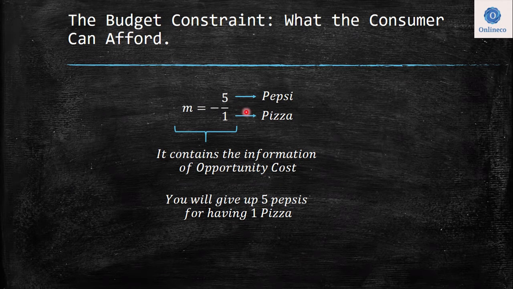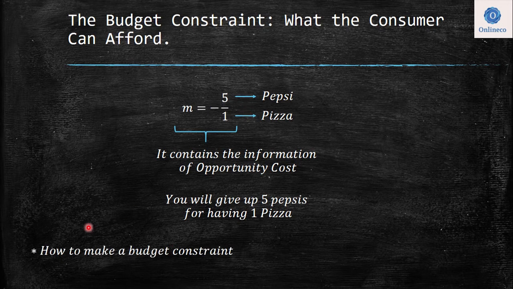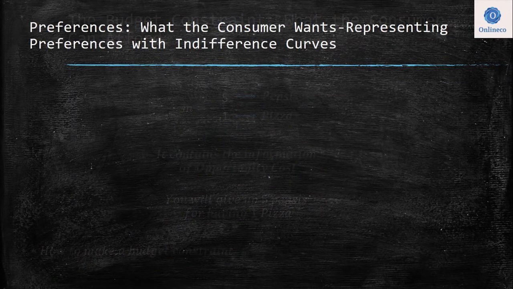So this slope represents the monetary change of this budget constraint. Then, if you want to go deeper into this budget constraint in mathematics, you can click on the video of how to make a budget constraint.